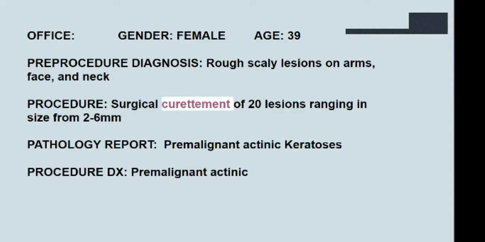The procedure was surgical curettement of 20 lesions, ranging in size from 2 to 6 millimeter. The pathology report says it's pre-malignant actinic keratoses, and the procedure diagnosis is pre-malignant actinic.